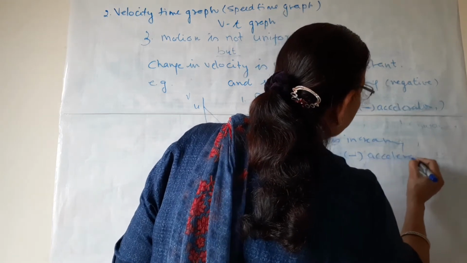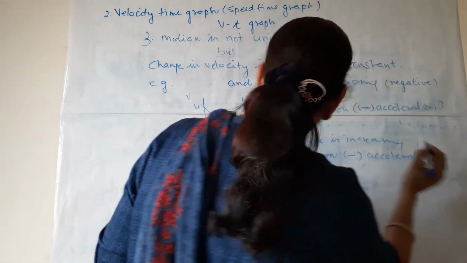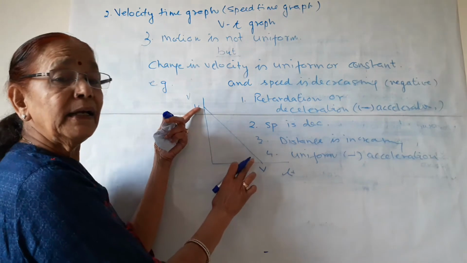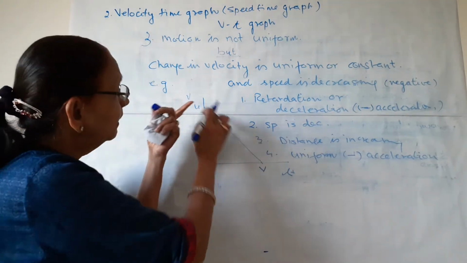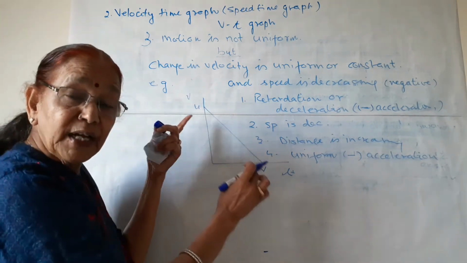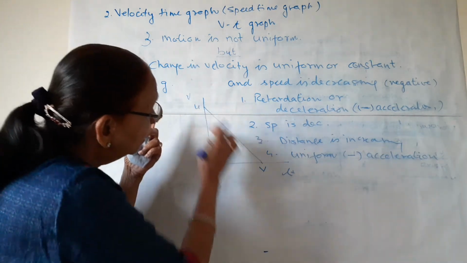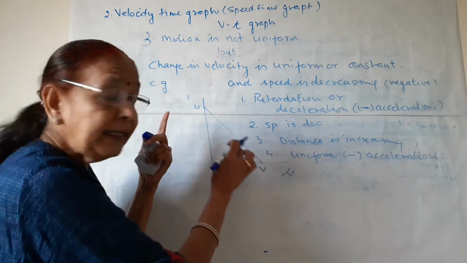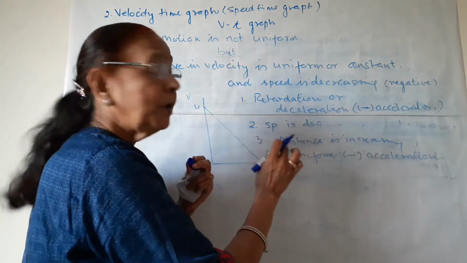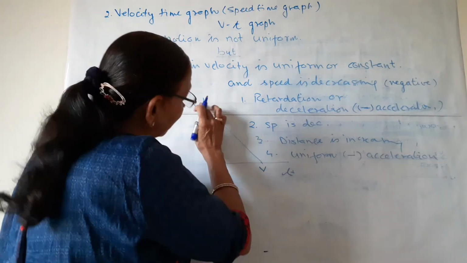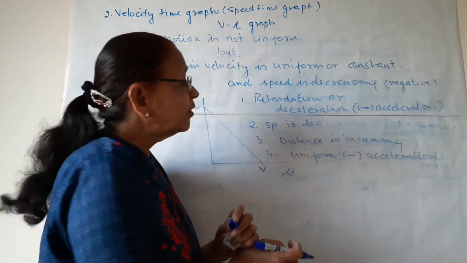The acceleration is uniform. When it is uniform, that's why we are getting a straight line. The line is not going here and there. This graph line is a straight, slanting line, coming downward, inclined downward. So acceleration should be uniform. When uniform acceleration is there, then only we can have a straight line.